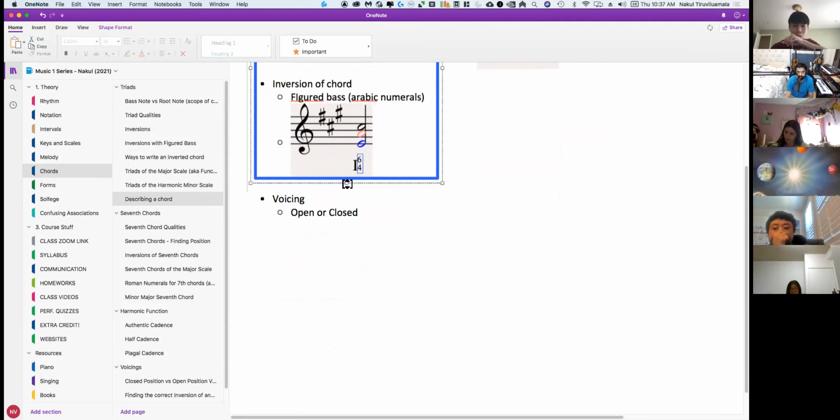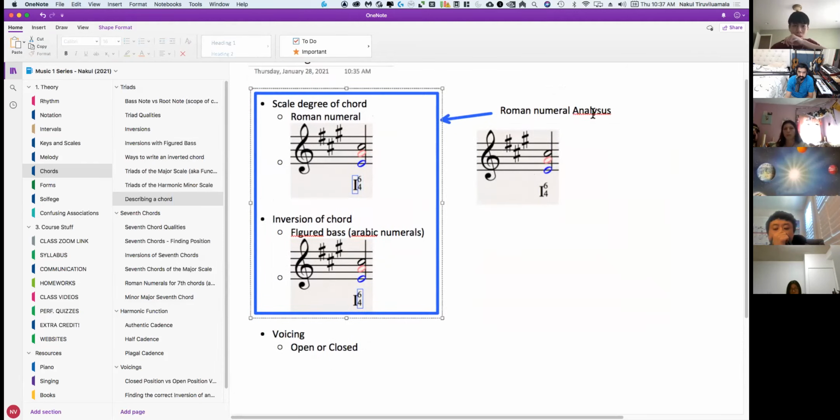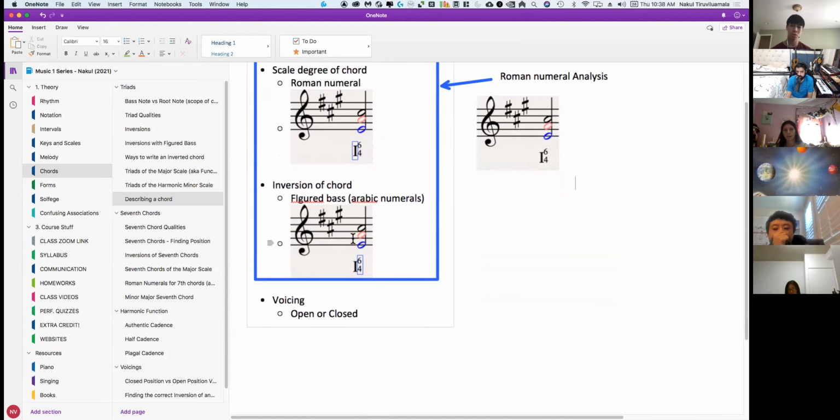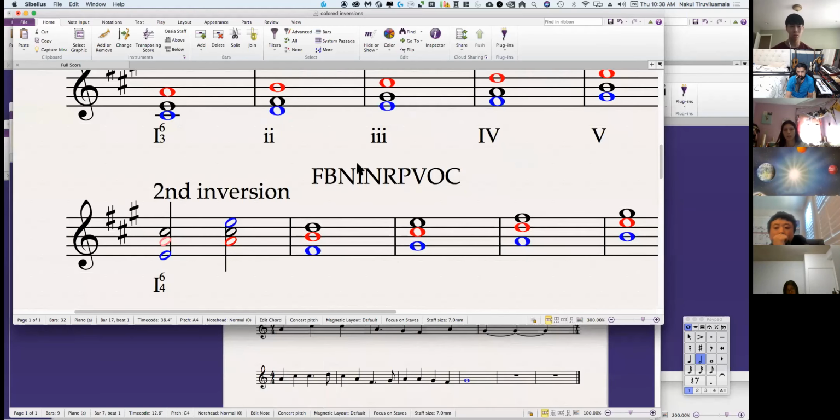Here we go. Right. So Roman numeral analysis pertains to this idea of scale degrees and inversions. It doesn't tell you anything about voicings. So that's why this whole process of this abbreviation, where you want to find the bass note, the process that we just did, hopefully it makes sense just by looking at it: finding the position of the bass note in the root position version of that chord.